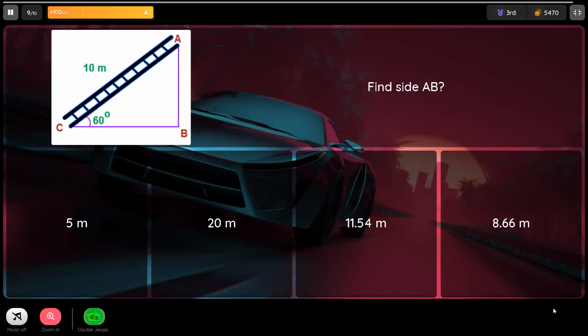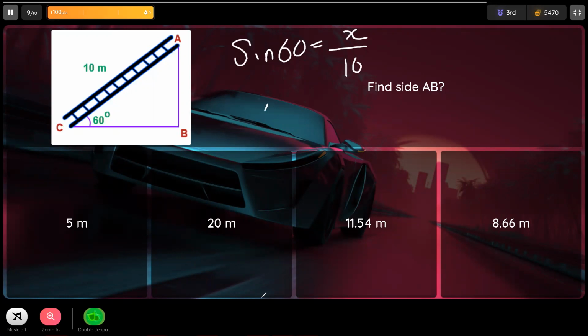Now here, find the length of AB. Angle C is 60. How do you find AB? The angle is 60 and the hypotenuse is 10. You need to find AB. AB is opposite. So sine of 60 equals x over 10. Bravo.